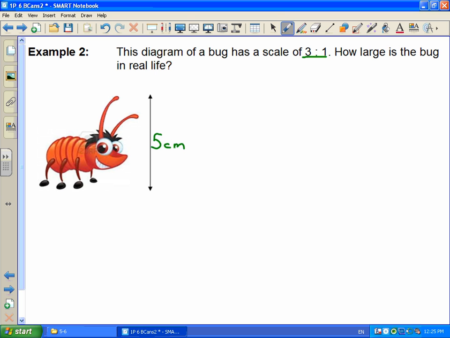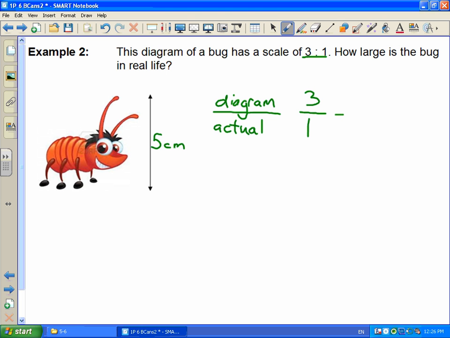So scale is always the ratio diagram to actual. And I'll write this ratio as a fraction here. Well, in this 3 to 1 that they give us, the 3 represents the diagram, so I put it on top. The 1 represents the actual, so I put it down on the bottom.